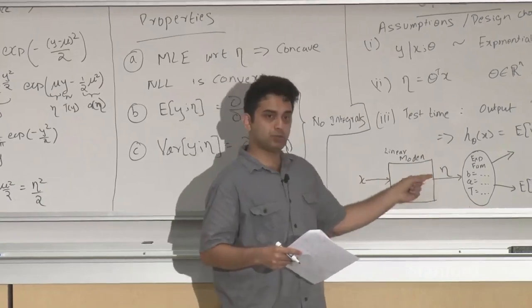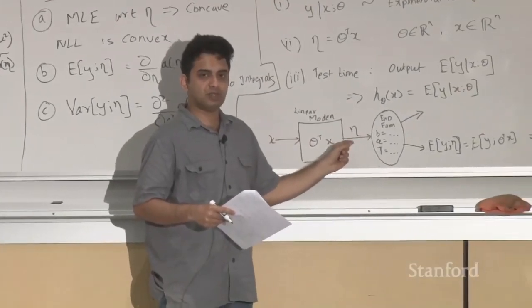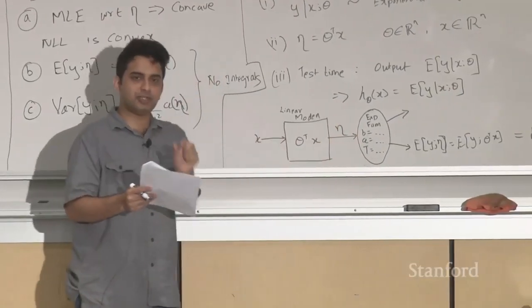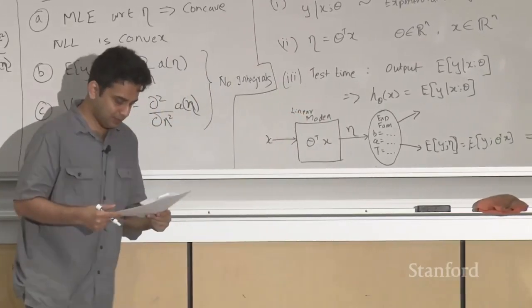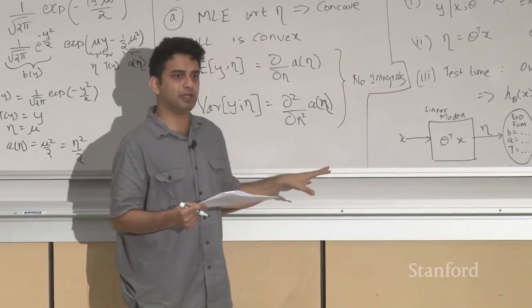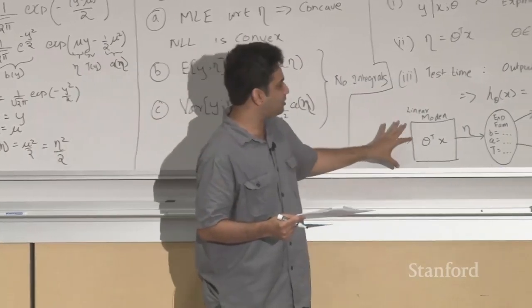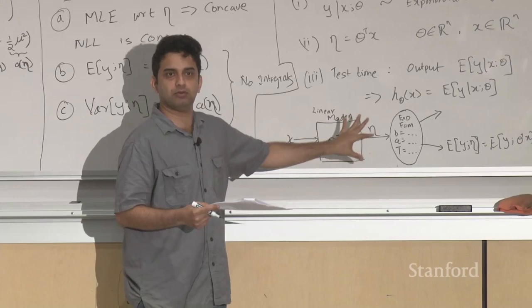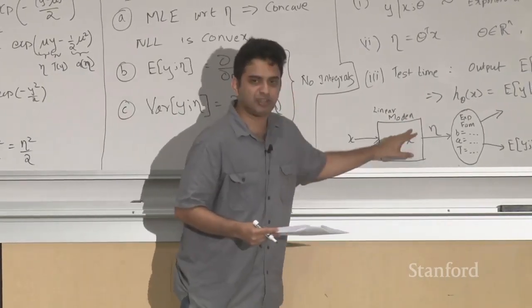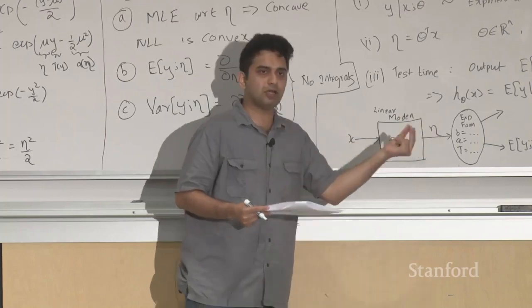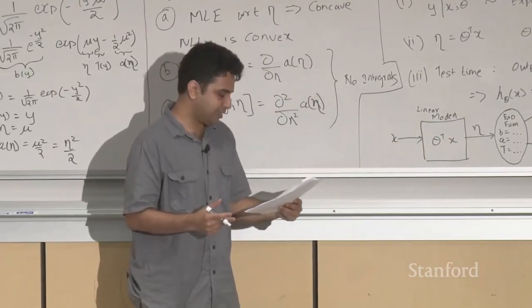And the output of this will become the distribution's parameter. It's unfortunate that we use the word parameter for this and that, but it's important to understand what is being learned during the training phase and what's not. So this parameter is the output of a function. It's not a variable that we do gradient descent on.